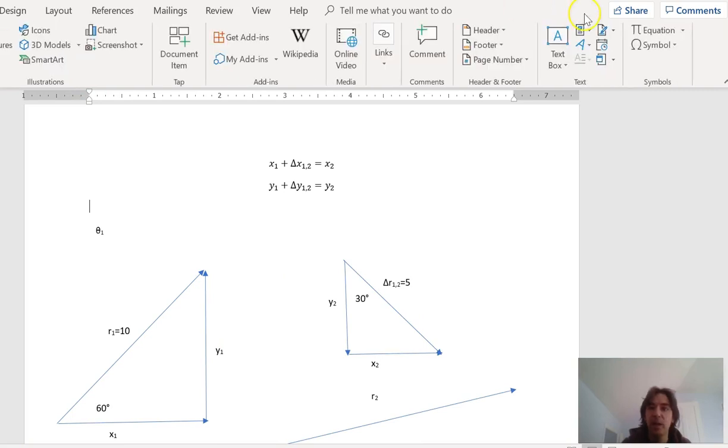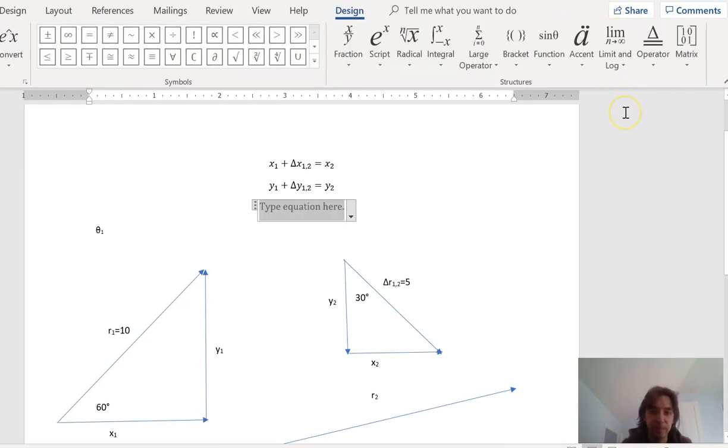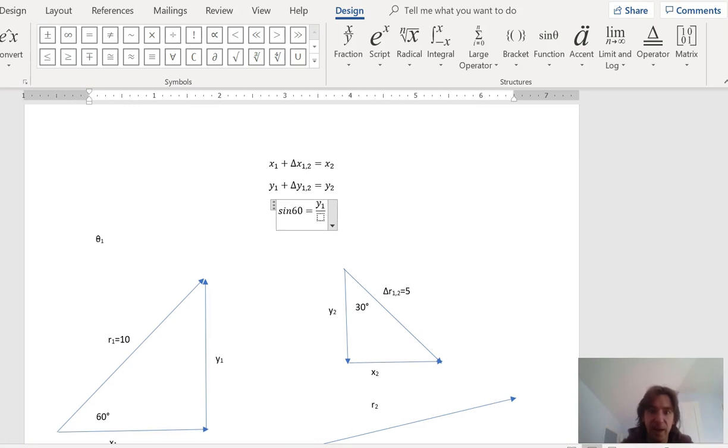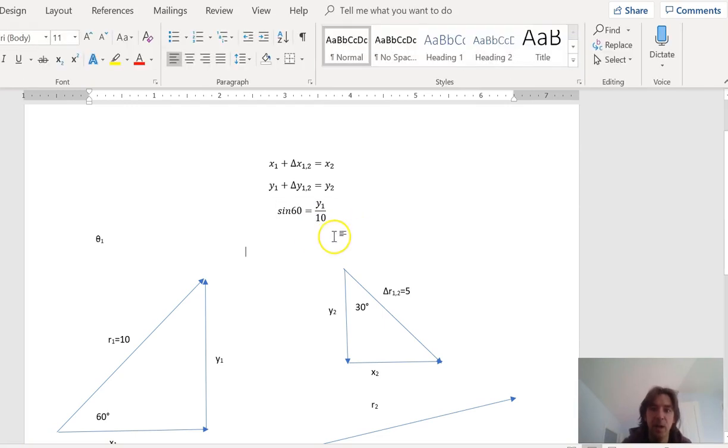So what was that equation? The sine of our angle, which is going to be 60 degrees in this case, is going to be equal to the opposite, which is y sub 1, divided by the hypotenuse, which is 10 in this case. And then we can say, okay, I want to find y1, so I'm going to solve this algebraically.